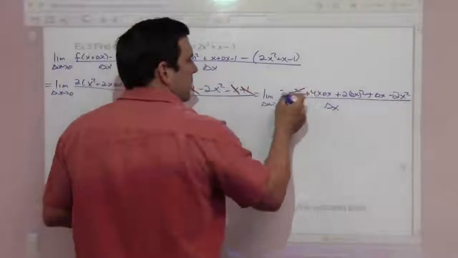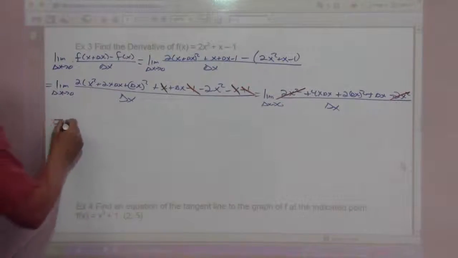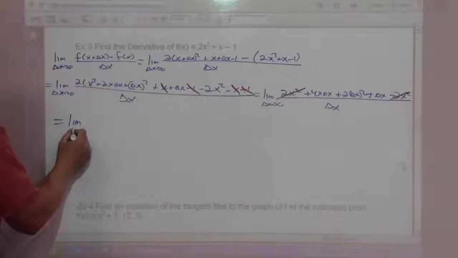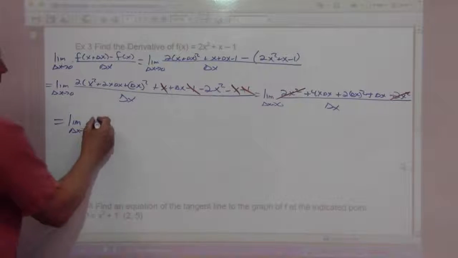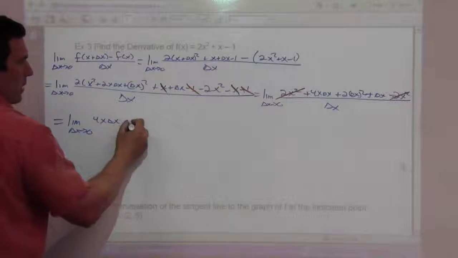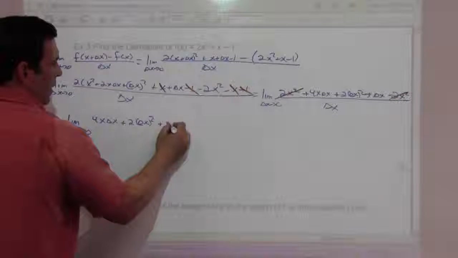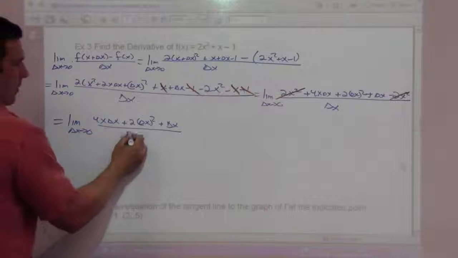And this 2x squared and this minus 2x squared are going to cancel. It's going to give us the limit as delta x goes to 0 of 4x delta x plus 2 delta x squared plus delta x, all over delta x.